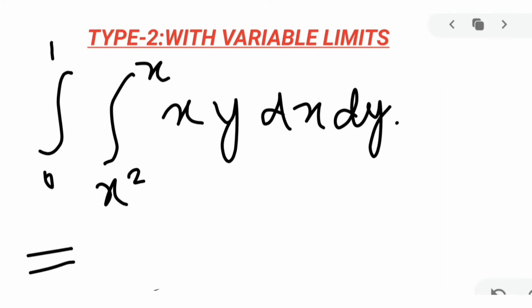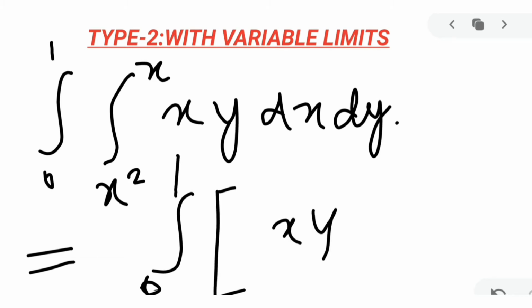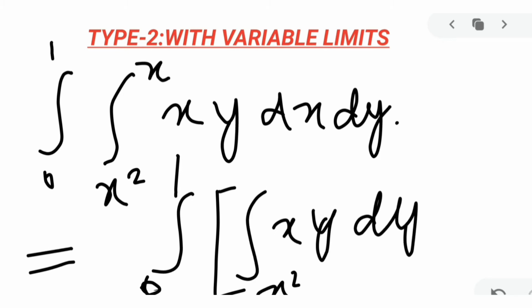So now we will integrate with respect to y for this limit. We need to integrate the function with respect to the variable limit first. So let's do this. 0 to 1, 0 to 1. So we will integrate xy with respect to dy, variable limit x squared to x, dx.